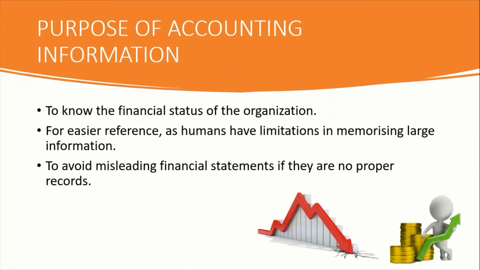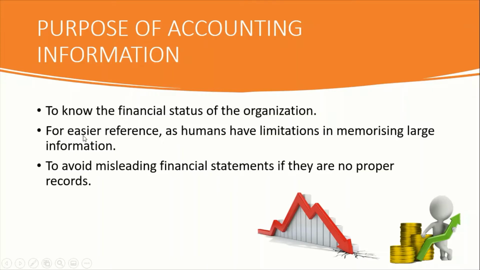Okay, next slide. The purpose of accounting information is to know the financial status of the organization, whether in the year, for example, in 2020, the company makes a profit, or for that year, they have a loss. With a detailed report, you can know the financial status of the organization.